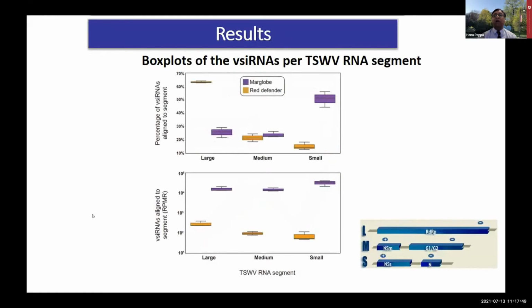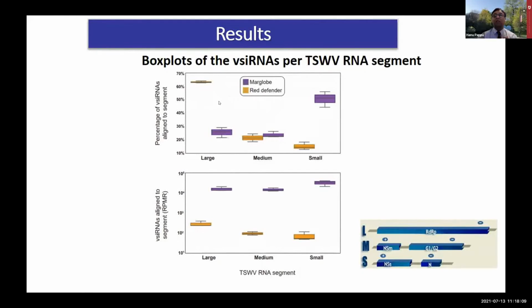Then we looked at the viral genome itself and these viral small RNAs: what is their biogenesis? What is their origin in terms of the large, medium, and small RNAs of TSWV? It turned out in the resistant variety, the large RNA was the target.